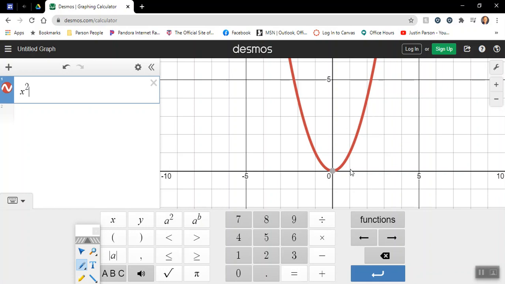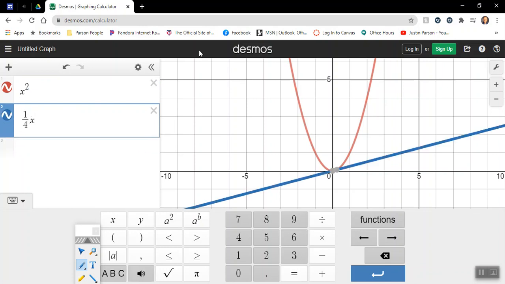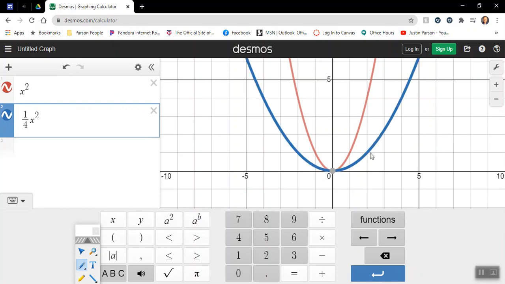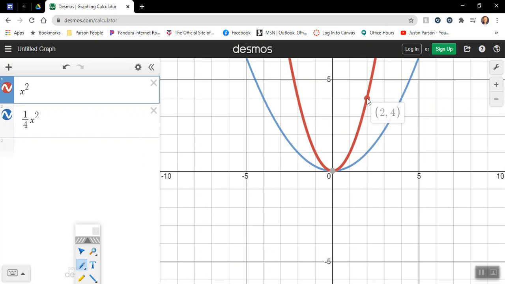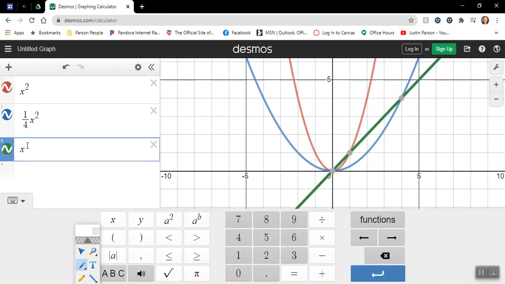There's the original x squared. Do you guys agree with that? Okay, what was the equation of that graph again? 1/4 x to the second? If I just type in 1/4 x to the second like this, there it is. Guys, take a look at this point right here, which is at 2 comma what? 4. Go straight down on that vertical line. Does that point move closer to the x-axis or further away onto the blue? It gets closer, right? So what about what's happening at x equals 2?